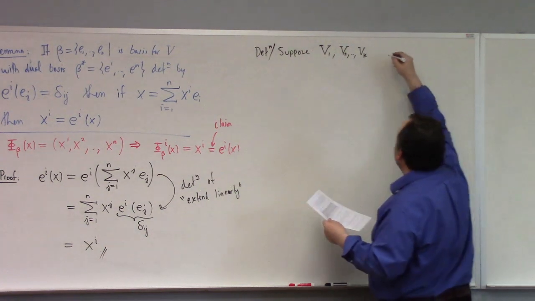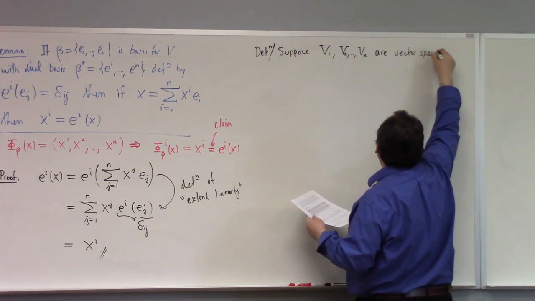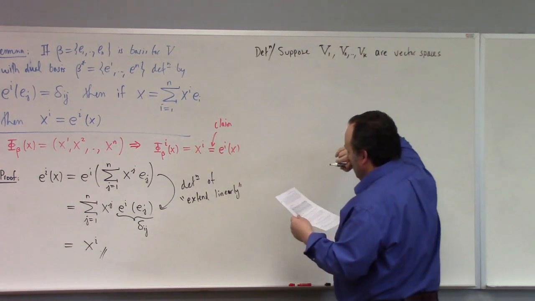These are vector spaces. So I'm going to give the definition in a little bit more generality than we need, okay?